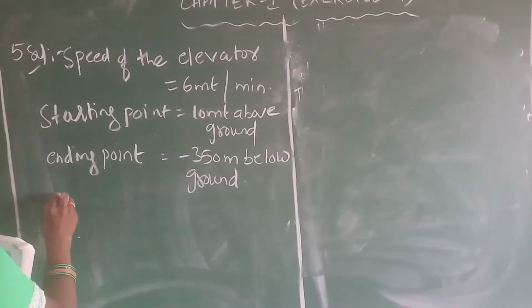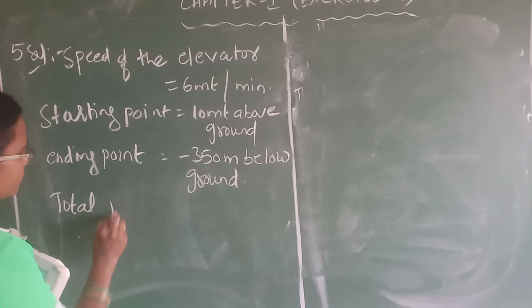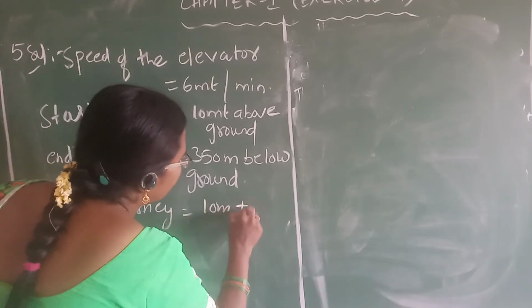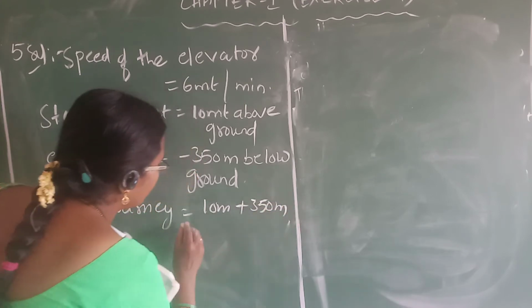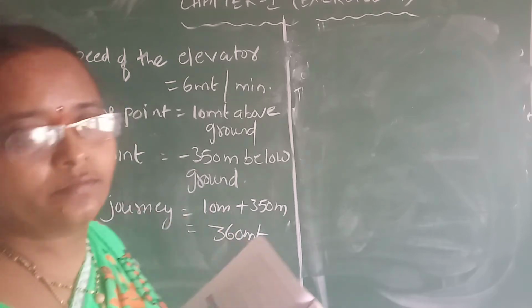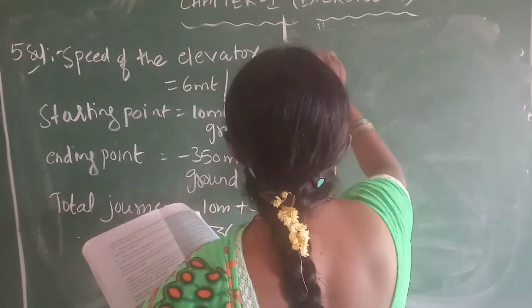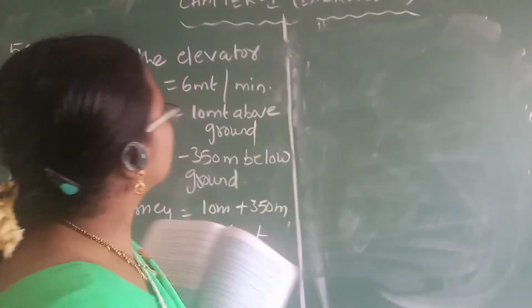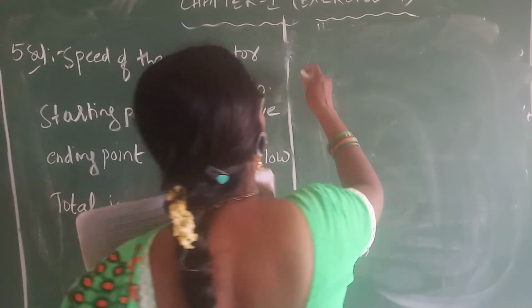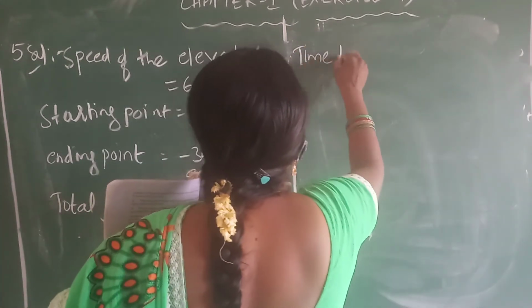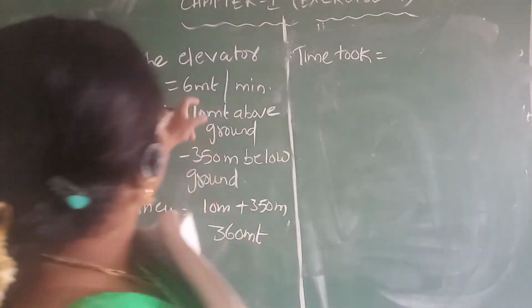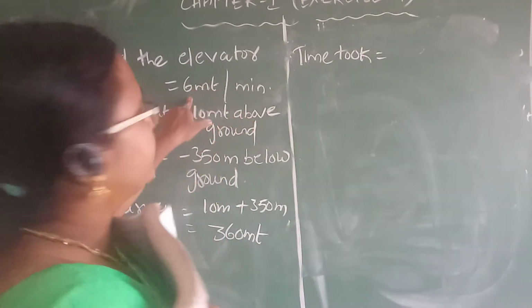Total journey is equal to 10 meters plus 350 meters, which is 360 meters it has to travel. So time taken: for 1 minute it is taking 6 meters.